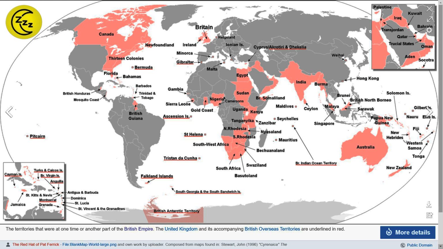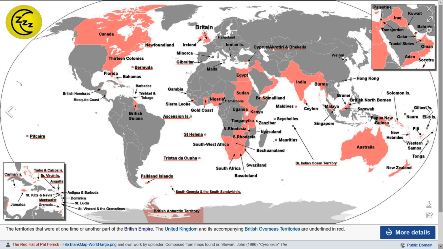The Napoleonic Wars provided further additions to the empire. The Treaty of Amiens, 1802, made Trinidad and Ceylon, now Sri Lanka, officially British, and in the Treaty of Paris, 1814, France ceded Tobago, Mauritius, St. Lucia, and Malta.